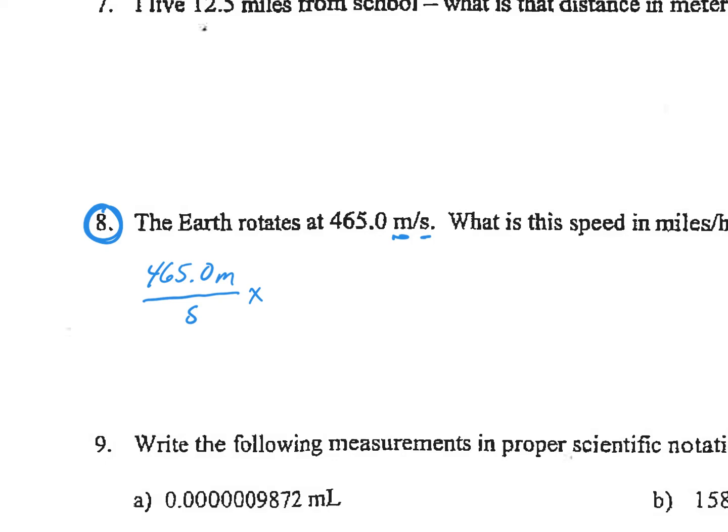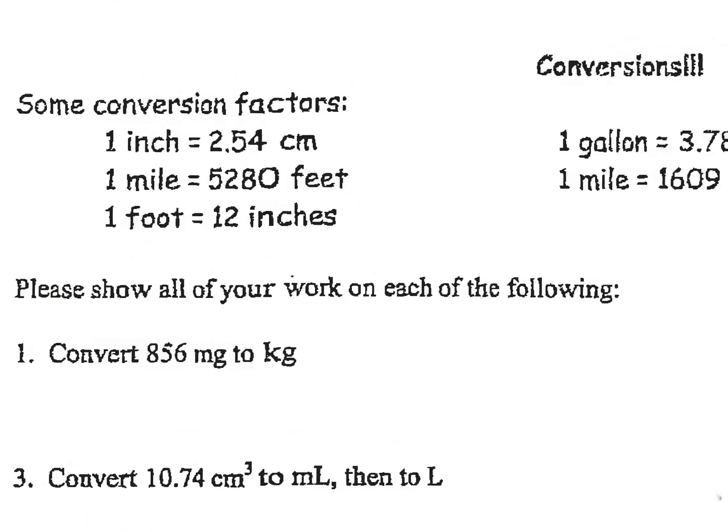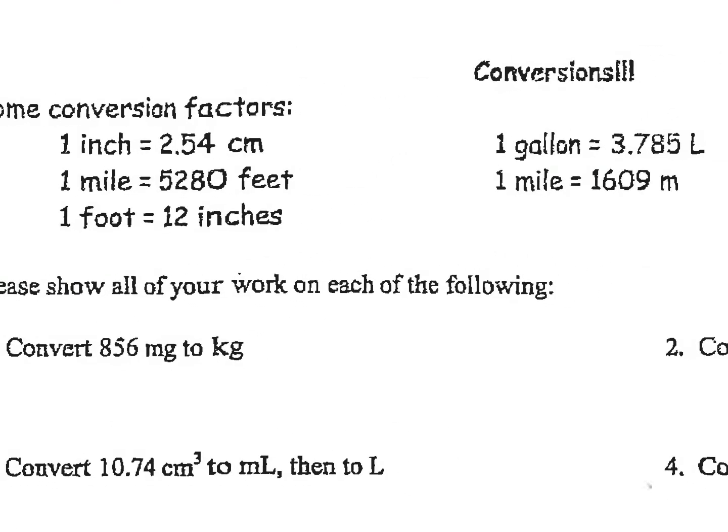Okay. Now, in order to do that, we're gonna need to use these conversion factors. Meters to miles. Oh, hey, right there. We're actually given a very simple conversion factor right there. So let's go with that. So meters to miles.